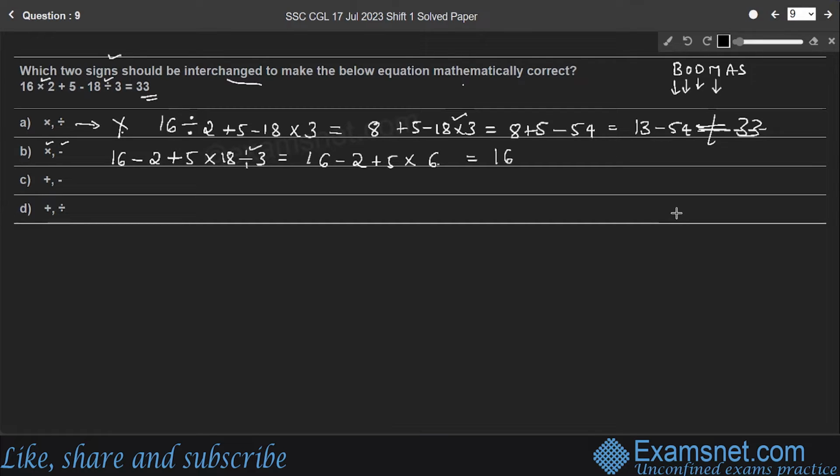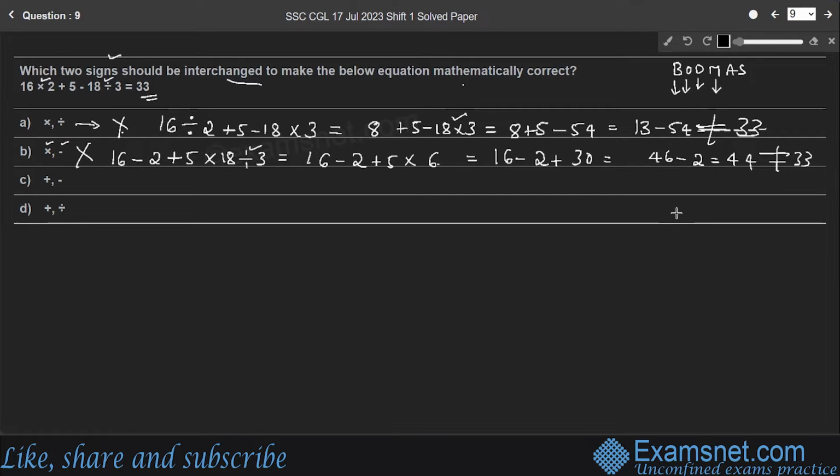Therefore, again by BODMAS rule, let us go for the multiplication part. So 5 into 6, 30. Therefore, it is 16 plus 30, 46. Minus 2 is 44, right? Which is not equal to 33. Therefore, option B is not the correct one.